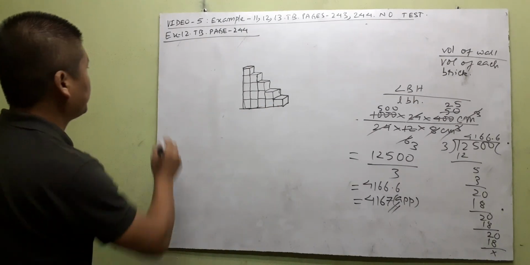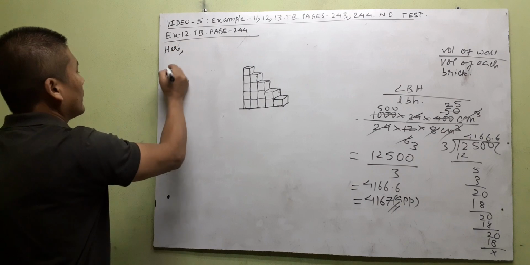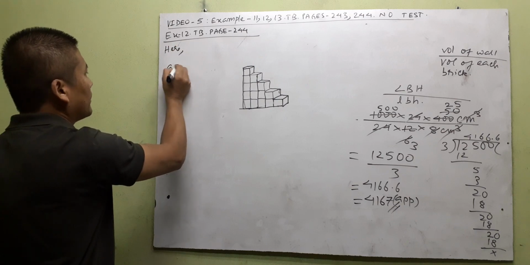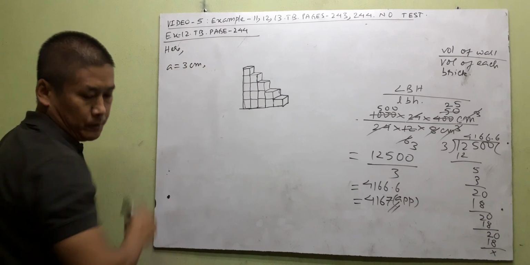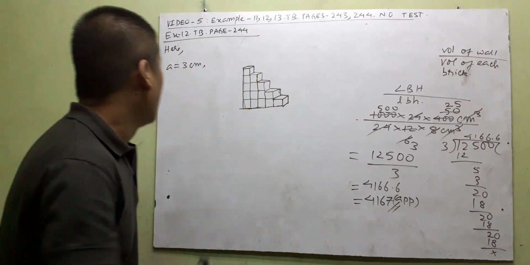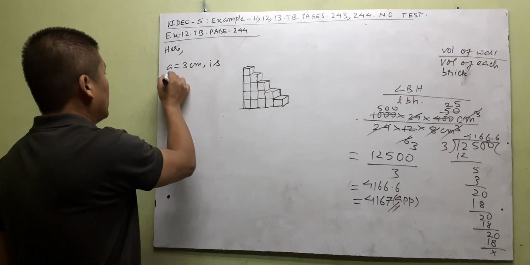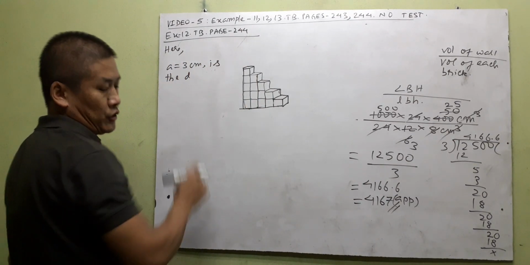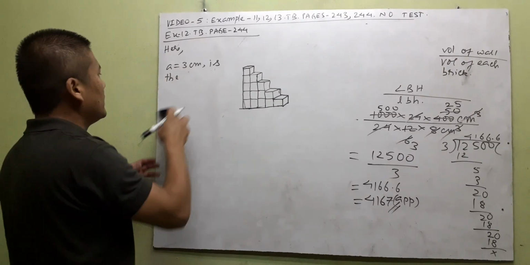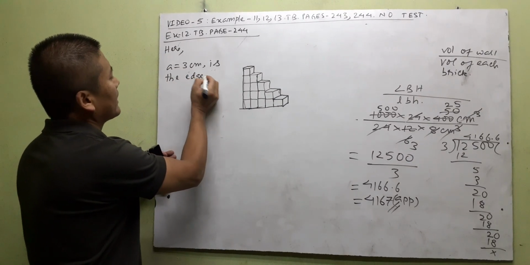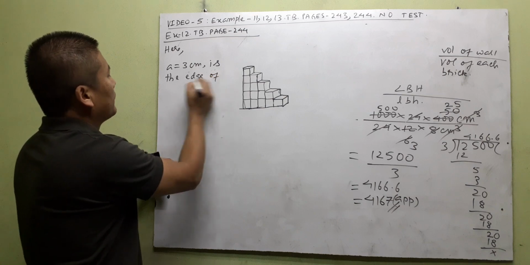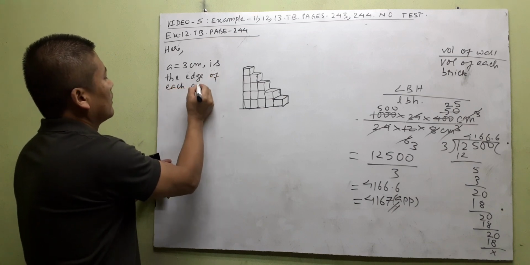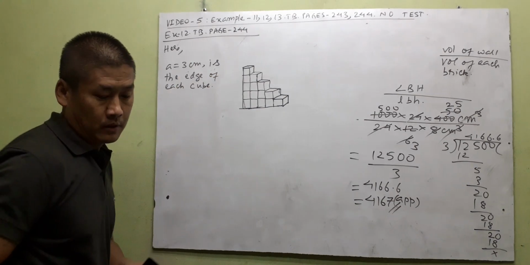Now we have here, okay, a equal to 3 centimeter, the edge of each cube. It's supposed to be the edge, E-D-G-E, edge means the side, okay, edge or side of each cube that the child is playing with.